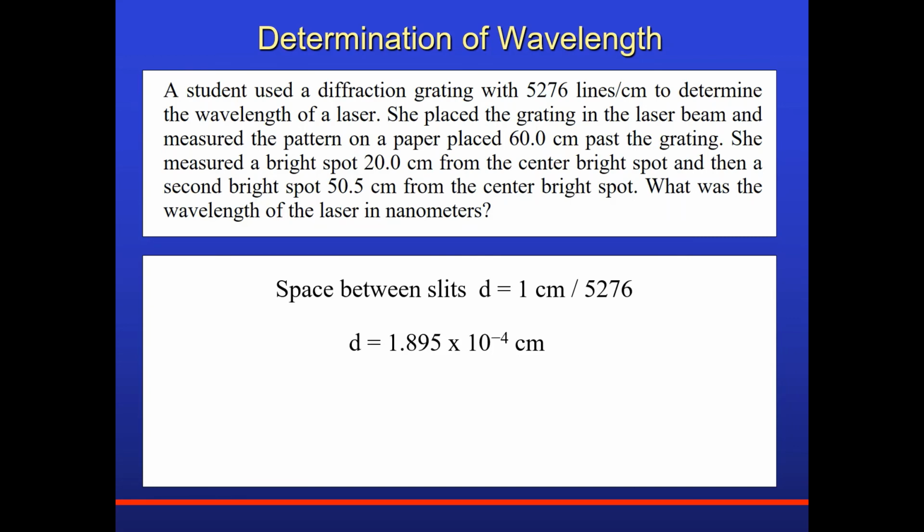I don't recommend trying to figure out how many centimeters in a nanometer, because it's too easy to make a mistake. Let's convert to meter. Centi is 10 to the minus 2. Therefore, if I replace that centi with 10 to the minus 2 times 10 to the minus 4, I find that d is 1.895 times 10 to the minus 6 meter.